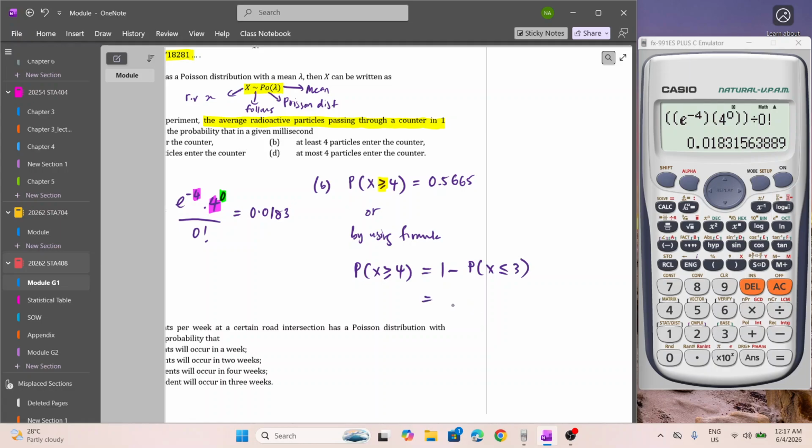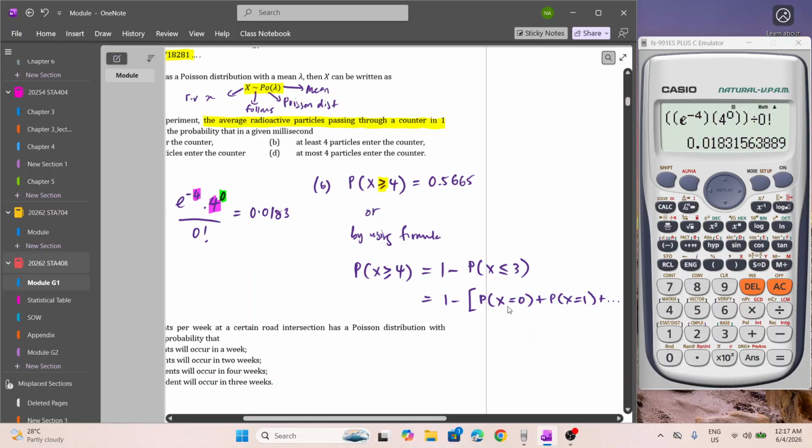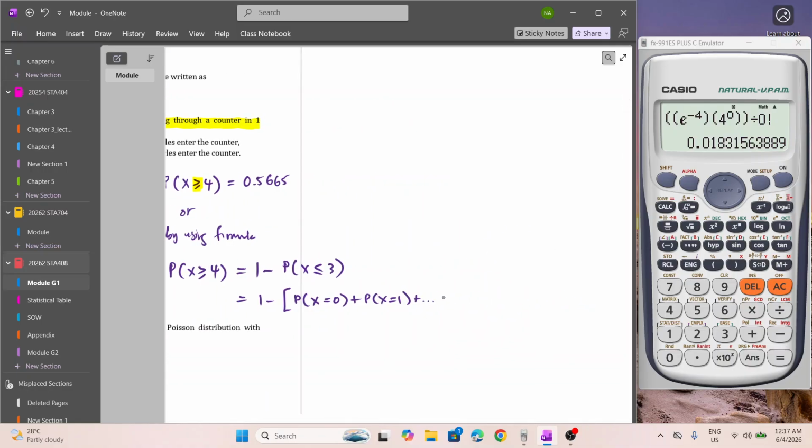Basically, this is 1 minus the probability of x equal to 0, plus the probability of x equal to 1, until the probability of x equal to 3.